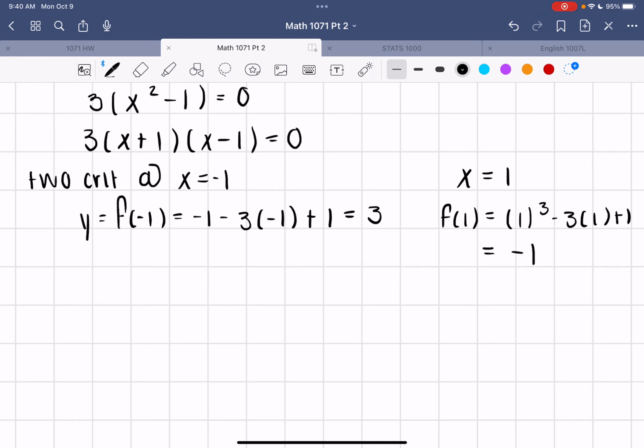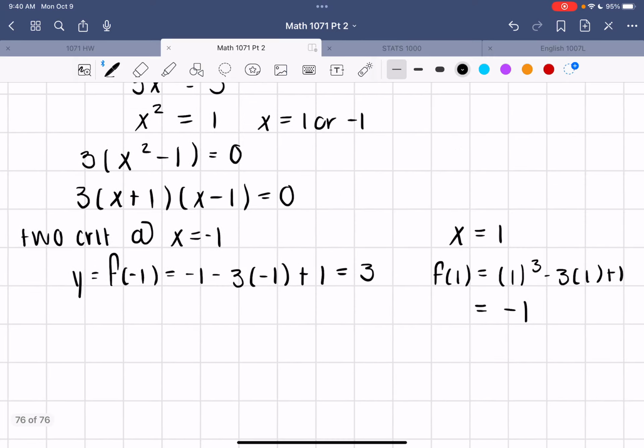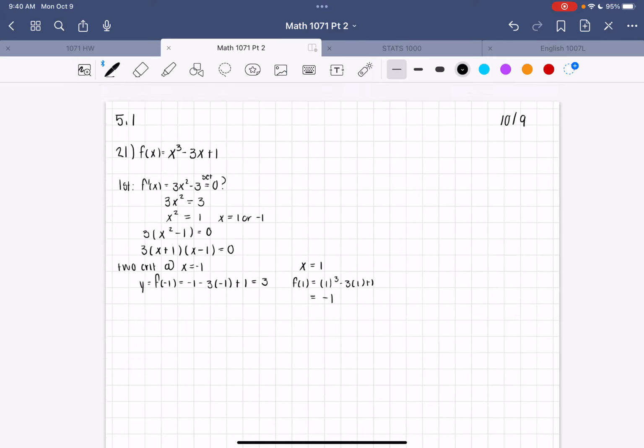That's how you can test your intervals. So if I've got 2 critical points, don't I have 3 intervals? If you have 1 piece of string and make 2 cuts, don't you get 3 pieces of string? So here are your shape intervals.